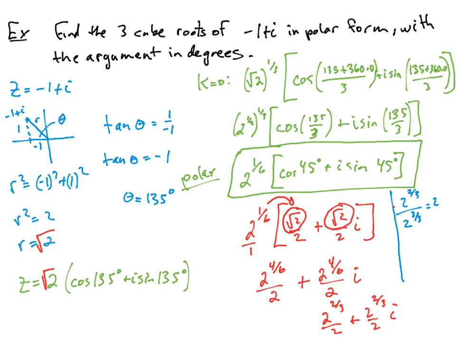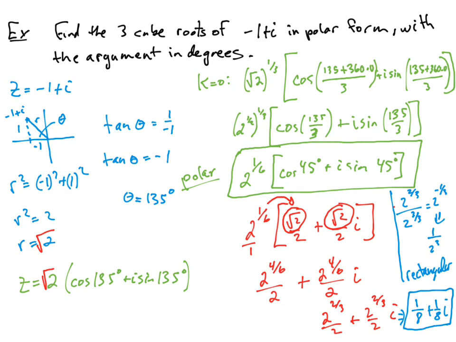So that's going to be 2 to the negative 1/3, which is 1 over 2 to the 3rd. So I could rewrite this finally as 1 over 2 to the 3rd, which is 8, plus 1 over 8i. So that would be the most simplified that we could get if we wanted to write this in rectangular form.